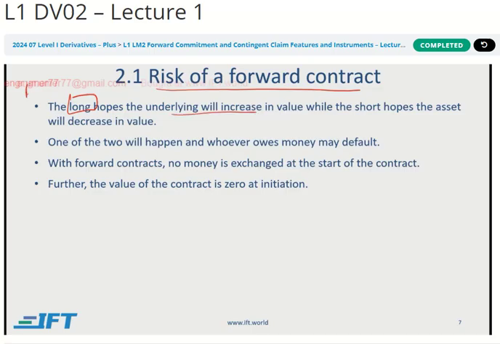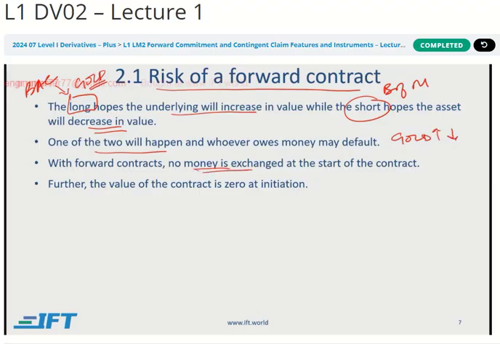Let's say Bank of America is the long party, and they are buying gold and they are hoping gold will go up, while the short party, which is Bank of Mexico, is hoping that the gold value will go down. Now, one of the two will happen, obviously. Either gold will go up, right, or gold will go down.